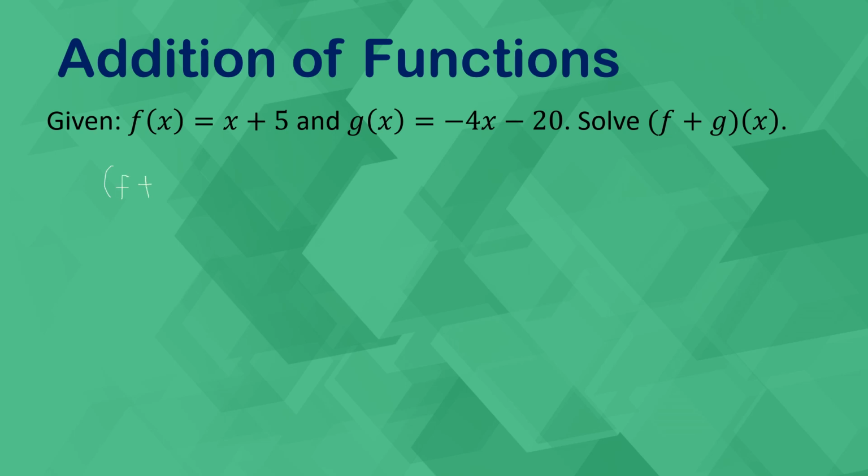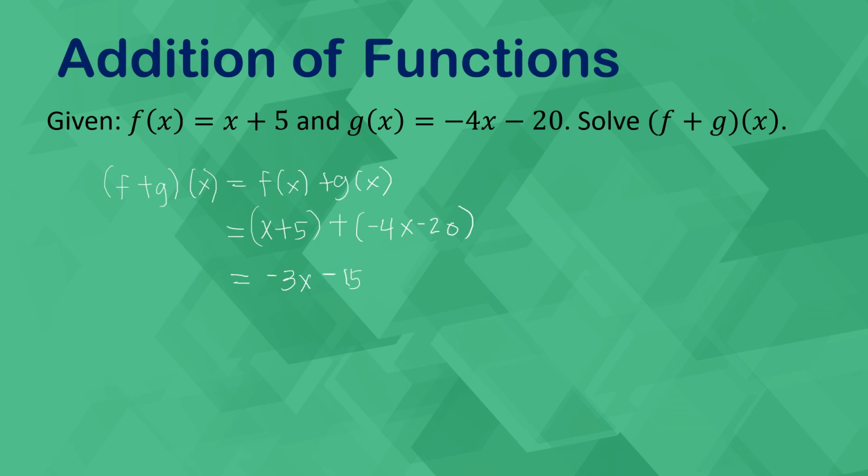F plus g of x is equal to f of x plus g of x. Okay, so we just substitute the functions x plus 5 for f of x and negative 4x minus 20 for g of x. Then we combine like terms. X plus negative 4x is negative 3x, and 5 plus negative 20, negative 15.